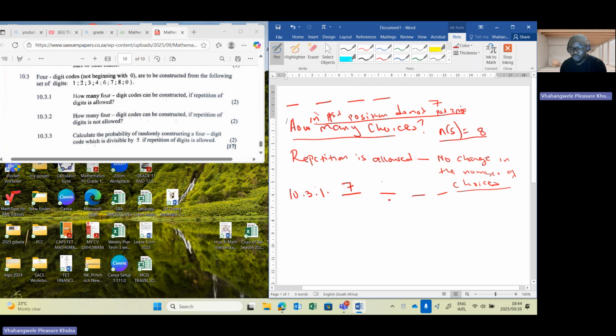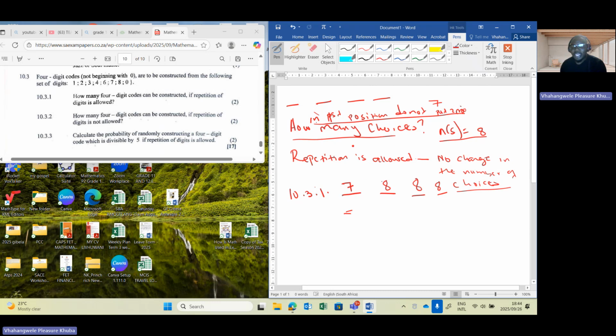Now in position 2, we can have that 0. So how many choices do we have for this position? We have 8 choices because repetition is allowed. Remember, the number of choices does not change. So we are just going to have 8 throughout.